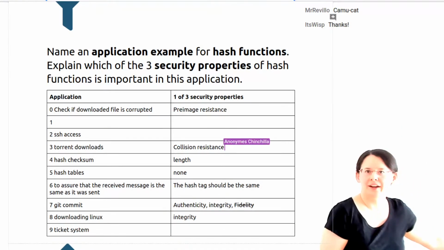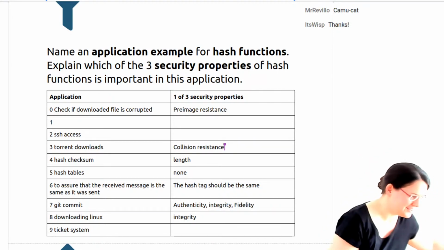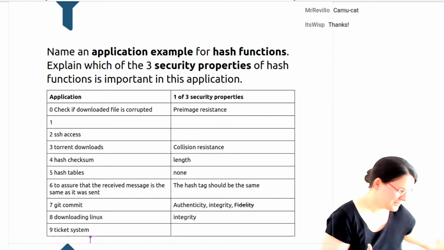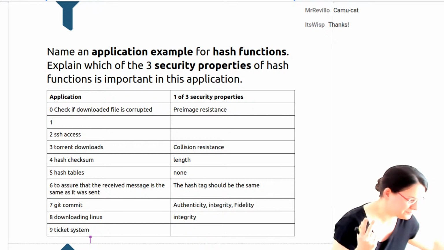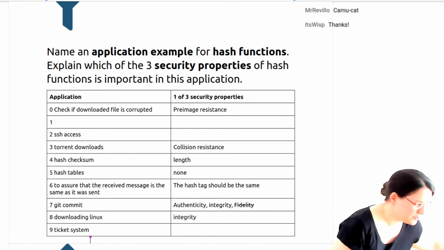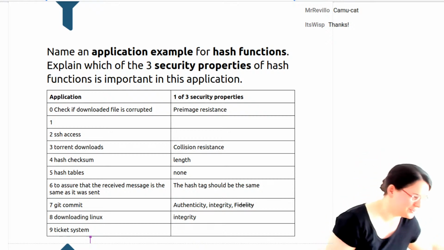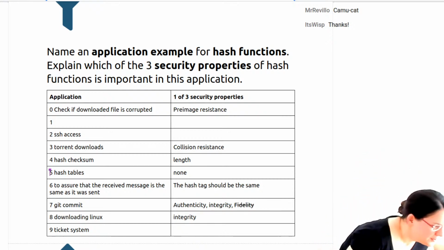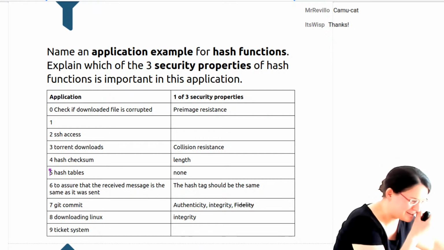Application examples for hash functions and a security property. So people seemed a bit in doubt about the one of three security properties. What I mean here is either pre-image resistance or second pre-image resistance or collision resistance. So for example, check if the download file is corrupted, and pre-image resistance is a perfectly good answer here. Hash tables, none, is also a good answer, but it's not exactly what I meant.